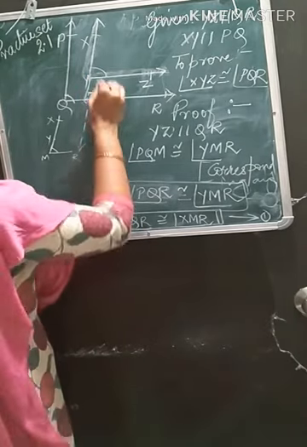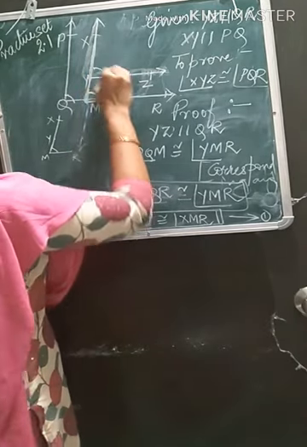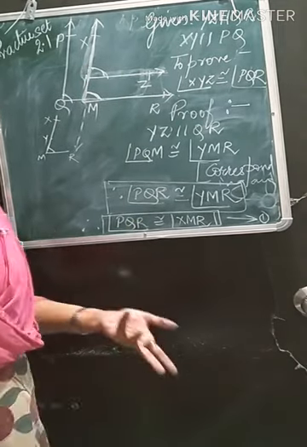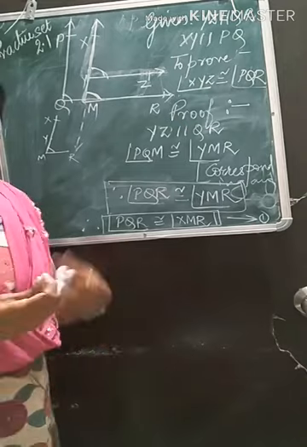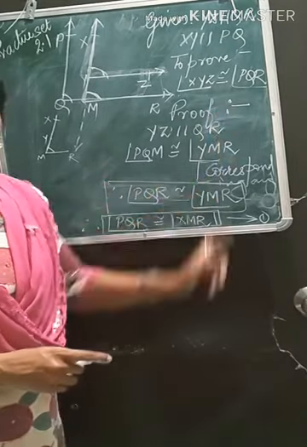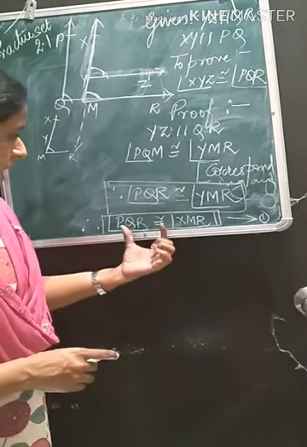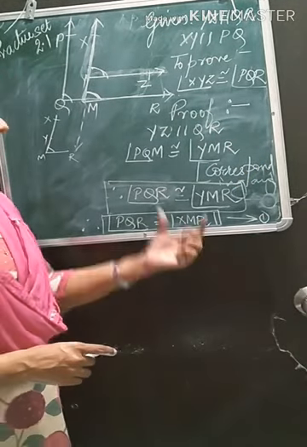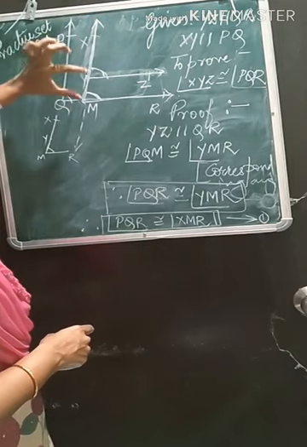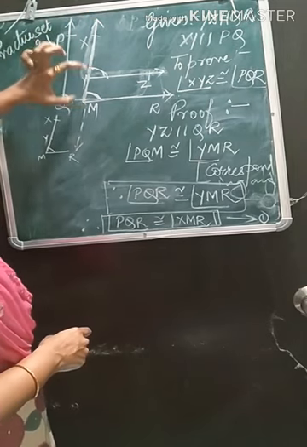What are these angles? These angles are F shape. Again, corresponding angles. So they are one and the same. Understood how to get the proof? Every time you have to compare your steps with what we want. So somehow we reached till here. Now we will write down angle XYZ congruent to angle XMR.